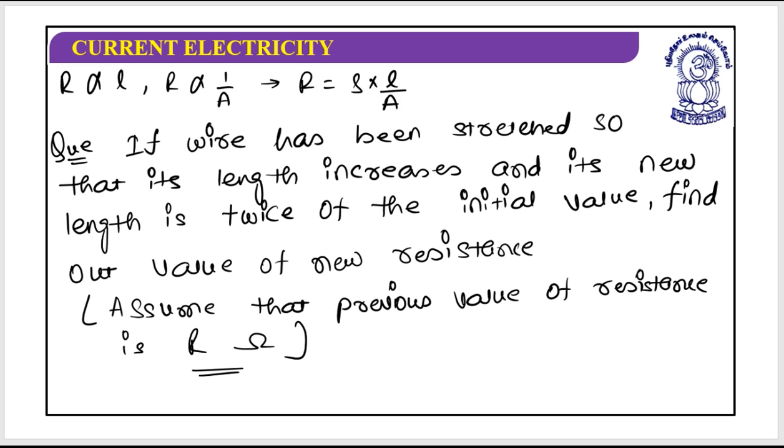They say if a wire has been stretched so that its length increases and its new length is twice the initial value, then find the value of the new resistance. And we have been provided that the previous value of the resistance is R ohm. Is it clear? How could I do this?